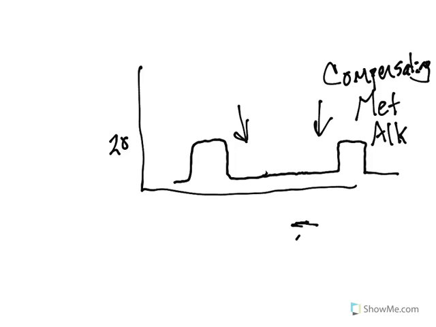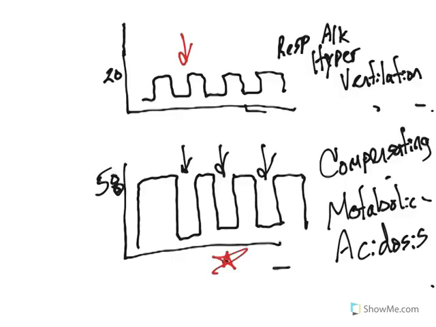Generally, you don't see this. To be honest, you don't see a lot of metabolic alkalosis. Is it possible? Of course it is. But we don't see a lot of it. What we're more likely seeing when a patient is dealing with some sort of alkalosis is a respiratory alkalosis, okay? And that means we're going to see a rapid respiratory rate, like we see here, from peak to peak, along with a very low end-tidal CO2 number.